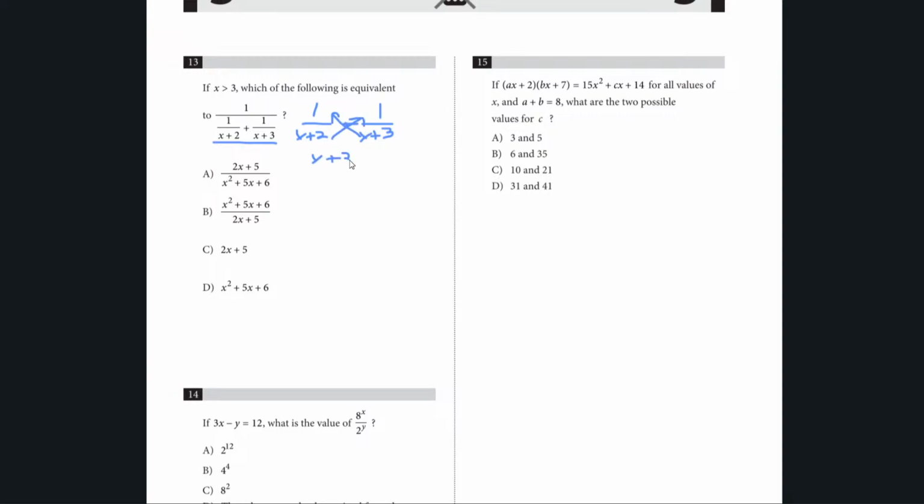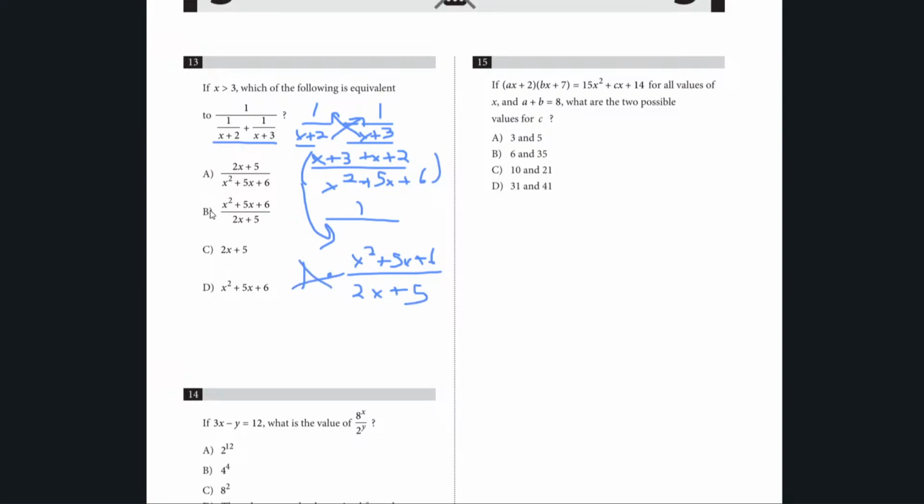So we have x plus 3 plus x plus 2 over x squared plus 5x plus 6, because we're multiplying the denominators. And if we look at what that would give us, it'd be 1 over this, which is the same thing as saying 1 times the reciprocal, x squared plus 5x plus 6, over, combine the top, we get 2x plus 5. This goes away, and we get our answer is B.